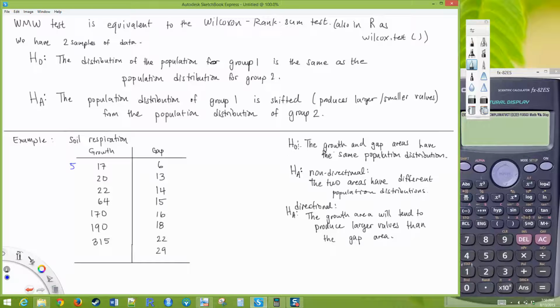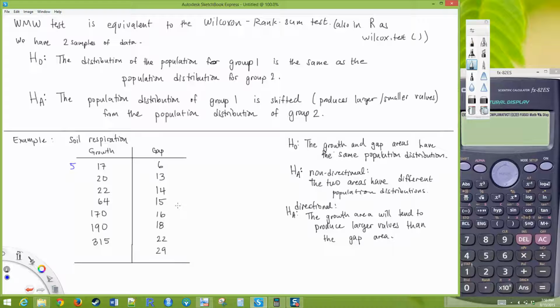If the null hypothesis were actually true, I would expect for the first number maybe only one number to be smaller, and halfway down the list I would expect about half of the numbers in the other list to be smaller.